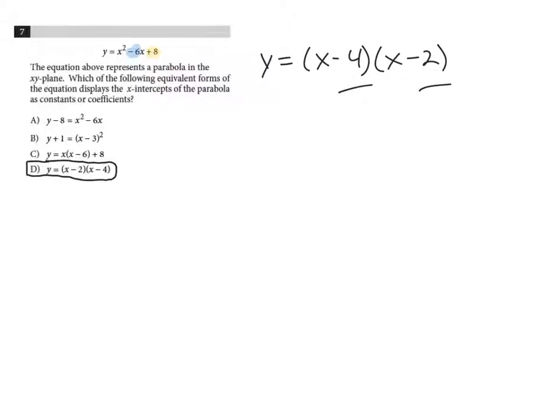So this equation can factor as (x - 4)(x - 2). Okay, well, the x-intercepts for this graph are 4 and 2. So where are those in our solutions? Right here, D.